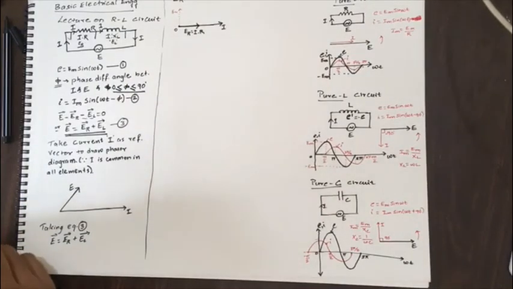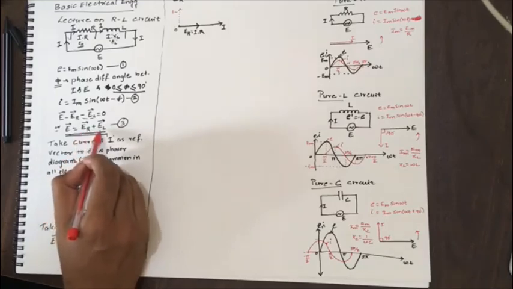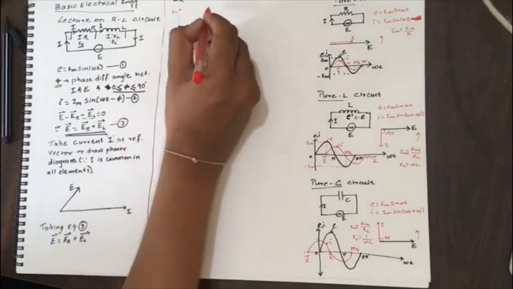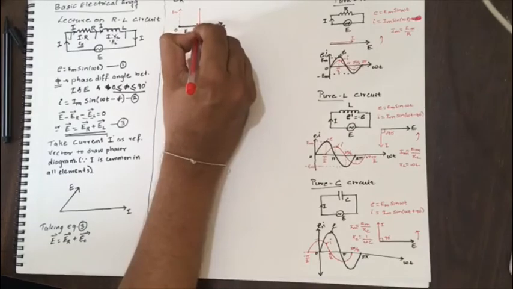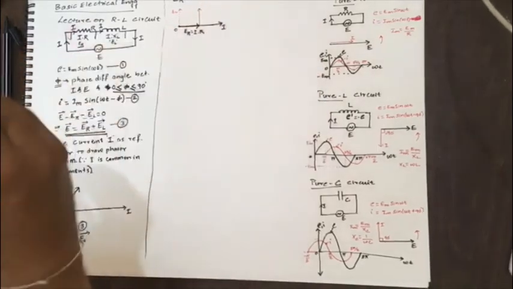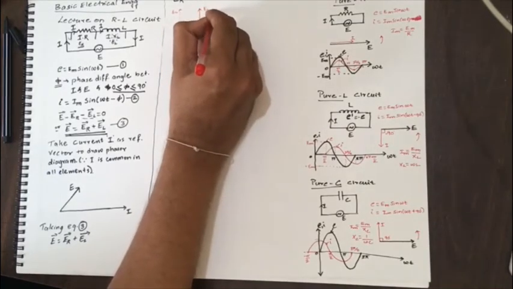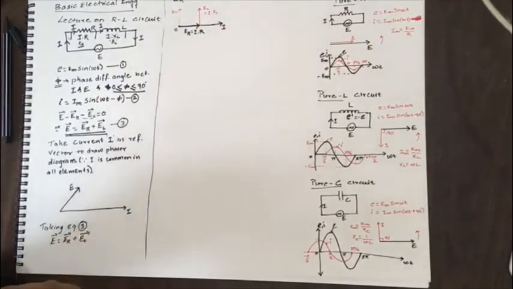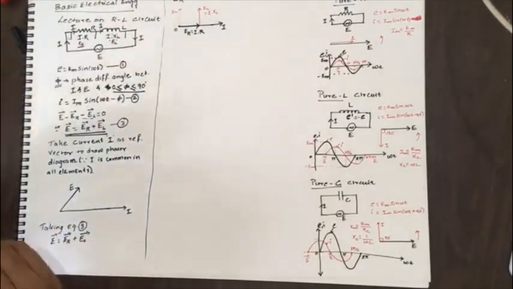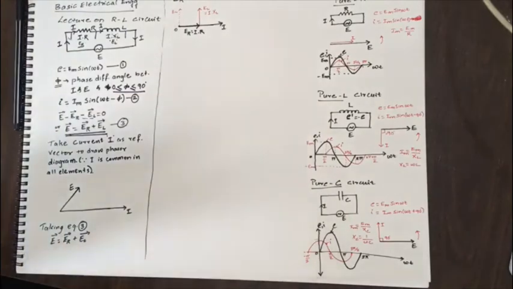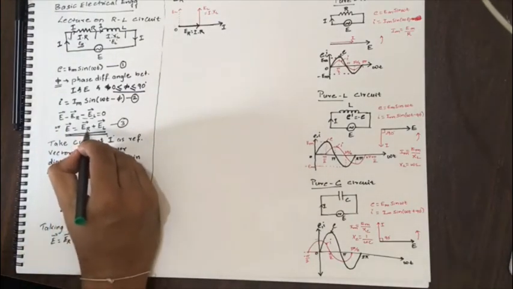But now, as per equation 3, I should add vector ER and vector EL. Hence, I will be taking vector EL at the end of vector ER. Now, this is vector EL, which equals I into XL. Now, with respect to equation 3, the resultant voltage is E, which equals the vector sum of ER and EL.